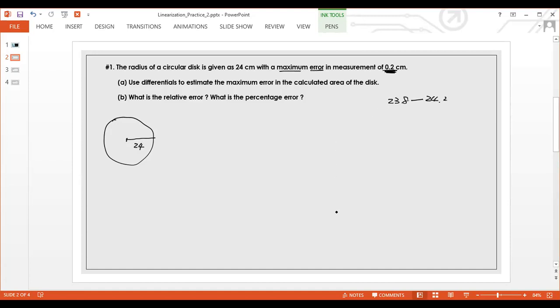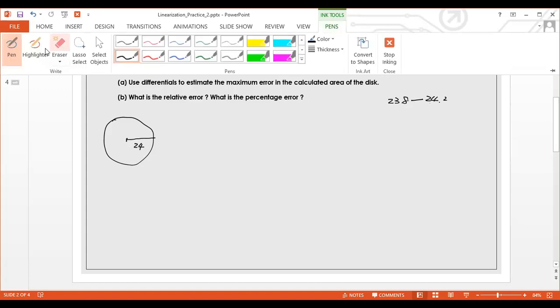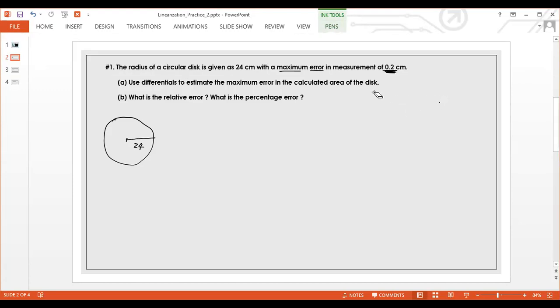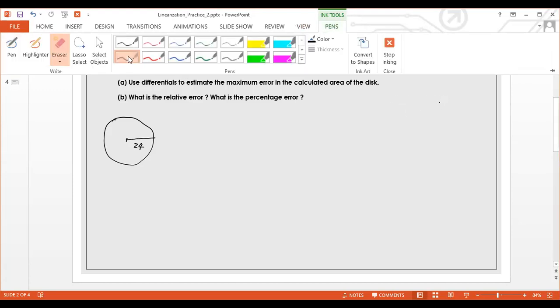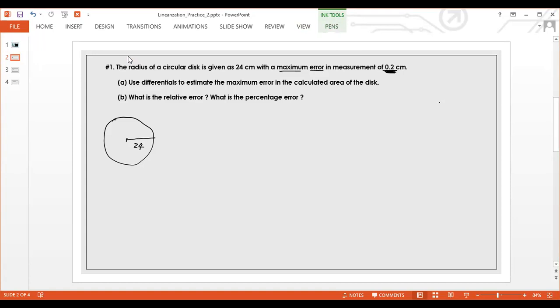Because due to my gauge error, the maximum error is 0.2, so I could measure anywhere in between. I can measure 23.95 or 24.13, right? Now, because I know I have this maximum measurement error, I want to figure out, if I use this gauge to measure the radius, what could be the maximum error I find when I try to calculate the area.